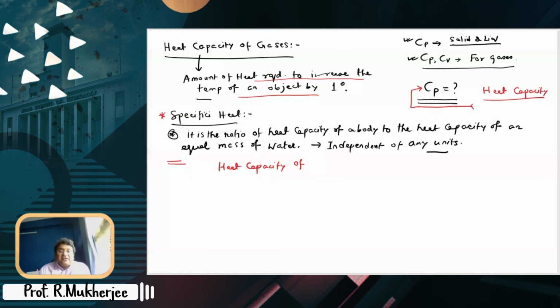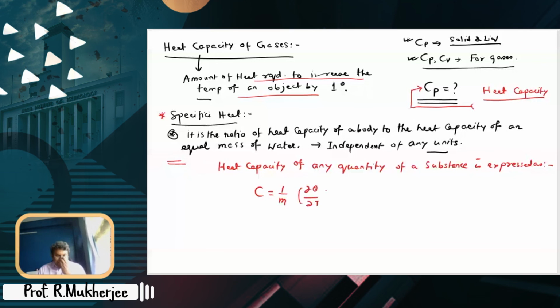So the heat capacity of any quantity of substance is expressed as C, right?